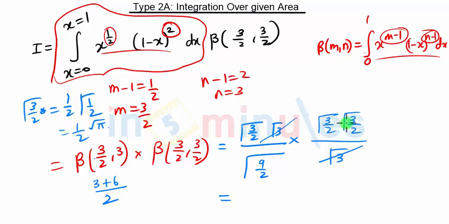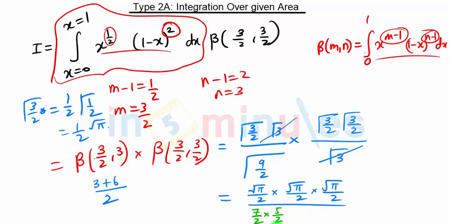So this gamma of 3 by 2 will be root pi by 2, into root pi by 2, into root pi by 2. And gamma of 9 by 2 is nothing but 9 by 2 minus 1, that is 7 by 2, into gamma of 7 by 2. Gamma of 7 by 2 is nothing but 7 by 2 minus 1, that is 5 by 2, into gamma of 5 by 2.